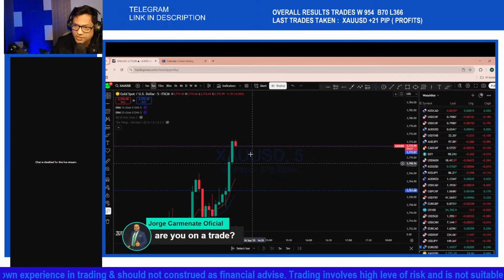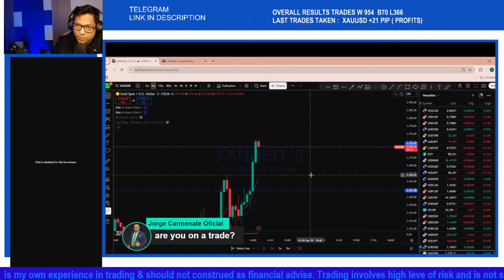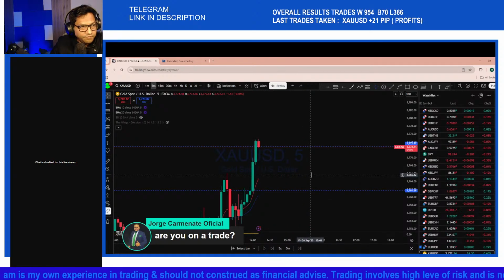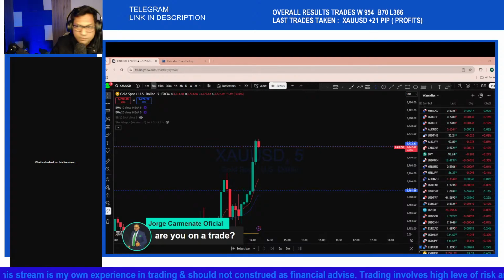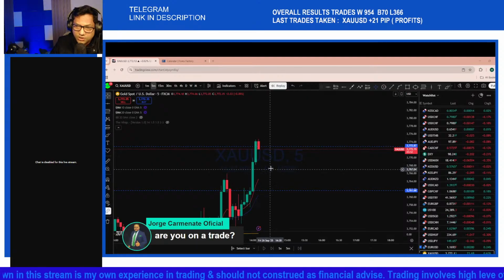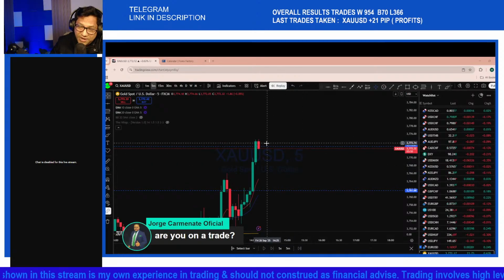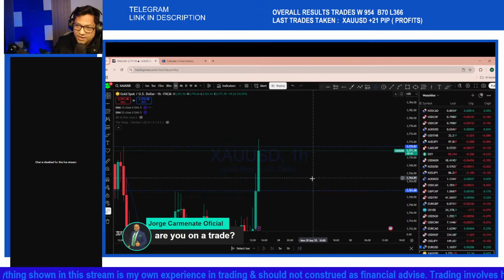All right, so here from this high, it's coming down to that support. Okay, start to break below here and expecting the market to potentially pull back well below.